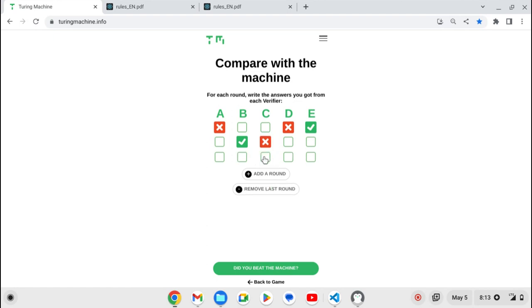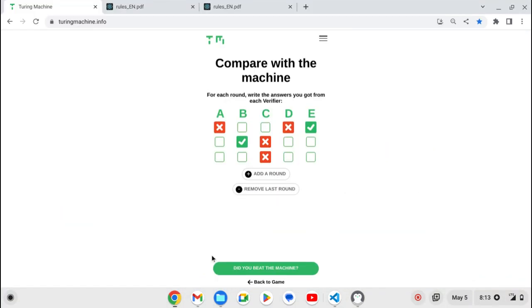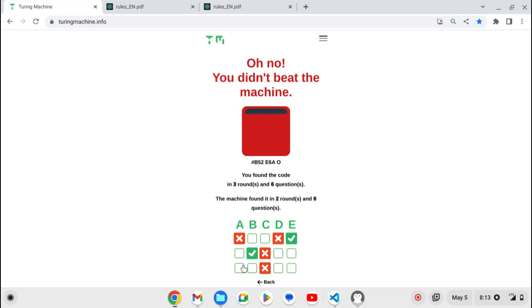And we had one more round, one more proposal, and we verified and tested C again, and we got it wrong. But again, wrong information is also helpful because it lets us eliminate invalid options. So let's see, did we beat the machine?